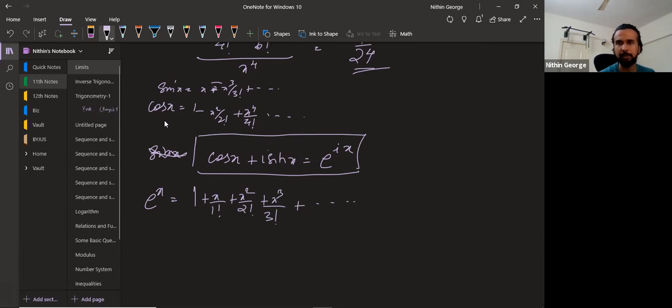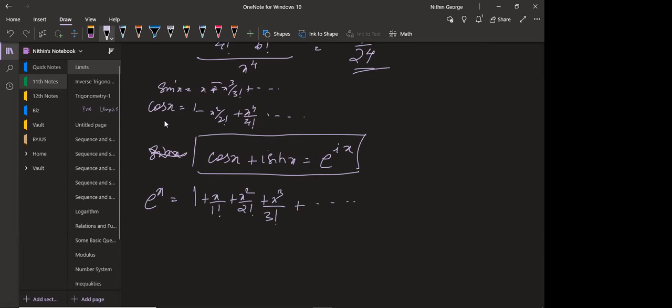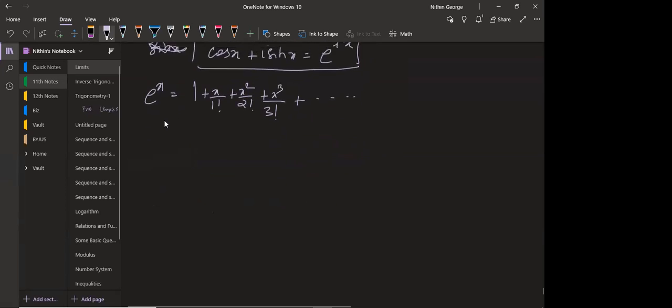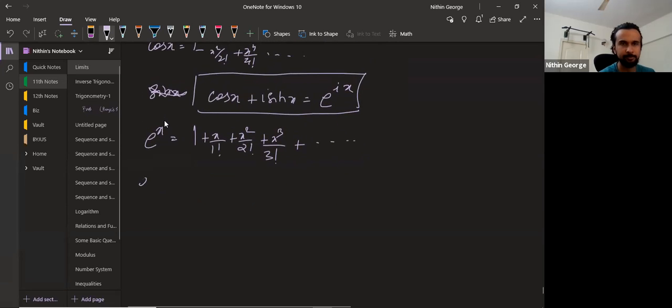Are you with me on the same page till here? Yes, sir. Now, I will write e power ix as 1 plus ix by 1 factorial plus i square x square by 2 factorial. What is i square here?